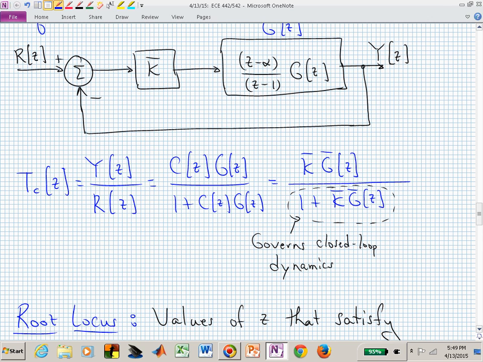Now that unbounded output may not be theoretically in your system between R and Y. It might be somewhere hidden inside your system. And then it looks okay, but it smells a little hot. It might burn up on you. So yes, if your G of z happens to have a 0 at z equal 1, you probably want to avoid a PI controller.